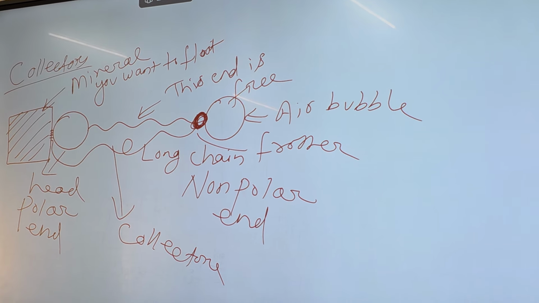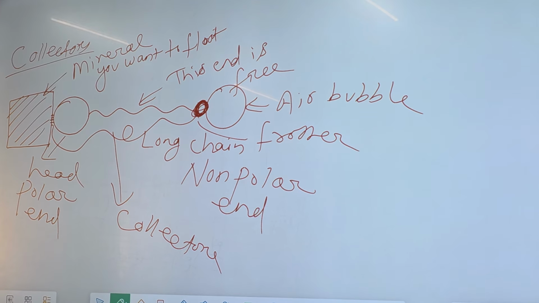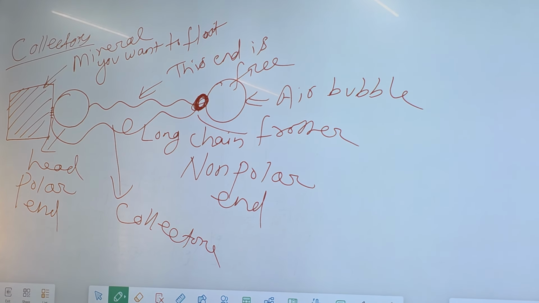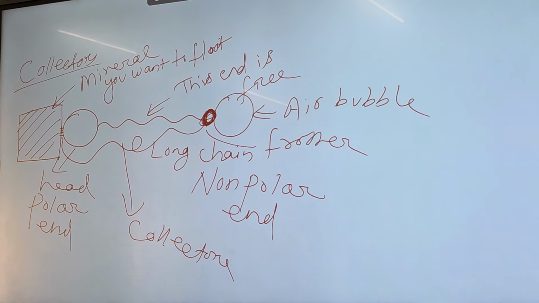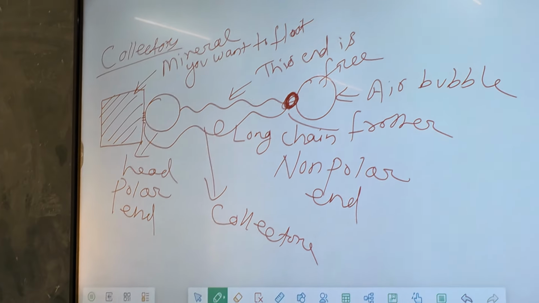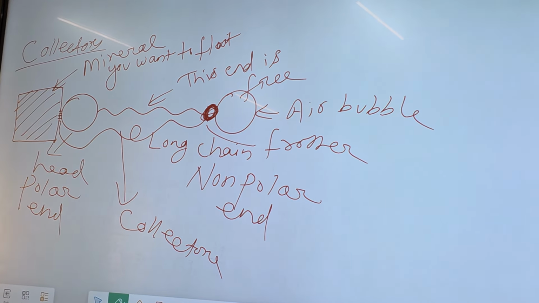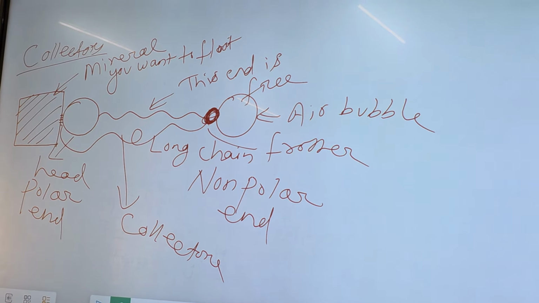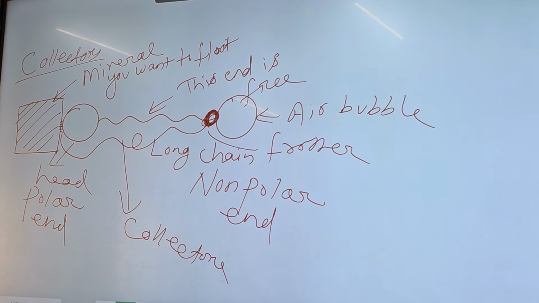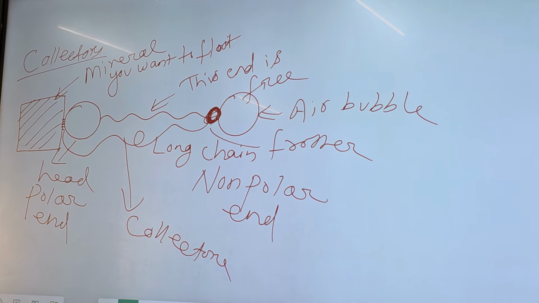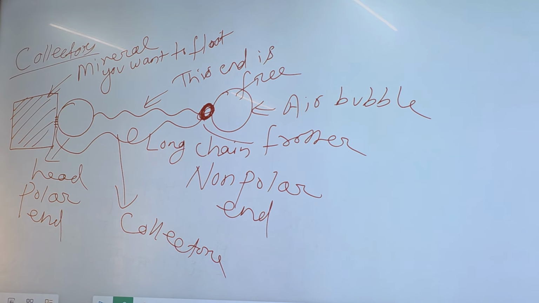As examples, you can take alkyl sulfates and sulfonates. You can also write amines, diamines, and acetates. These are all examples of collectors.